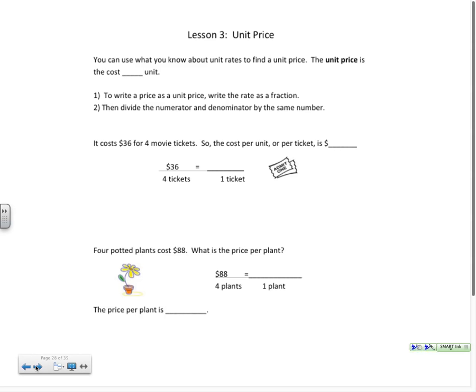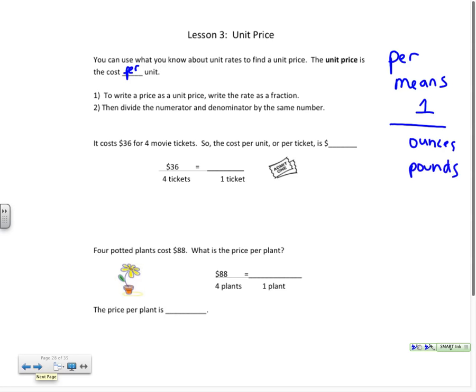The unit price is the cost per unit. Per means 1, for 1 unit. And units could be things sold in ounces or pounds. Sometimes it has to do with weight.